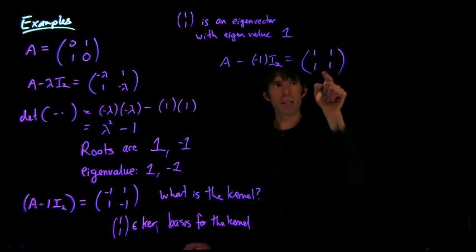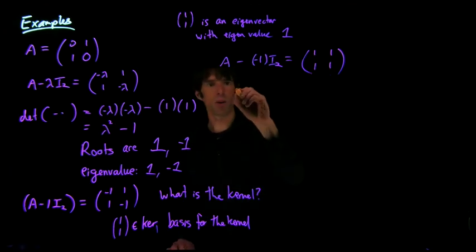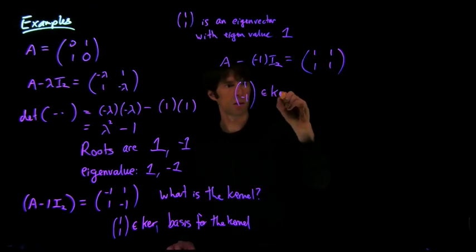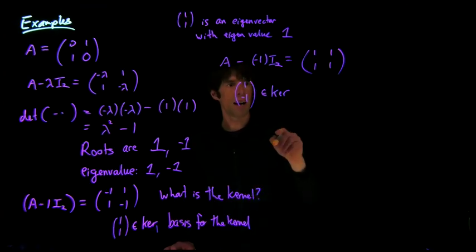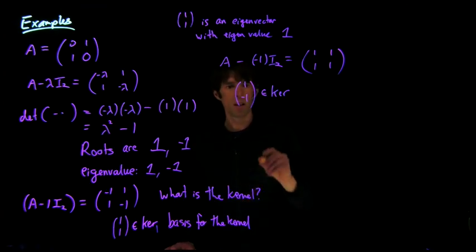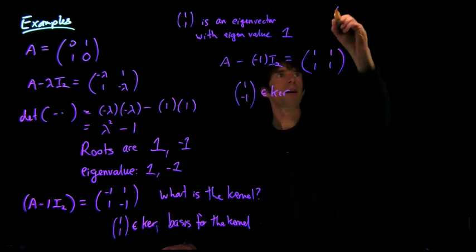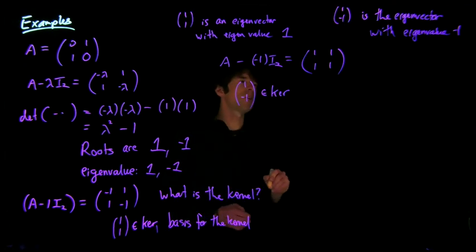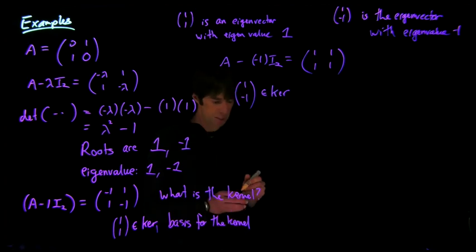So the first column minus the second column is 0. So 1, minus 1 is in the kernel. And this is a basis for the kernel. So we have that 1, minus 1 is the eigenvector with eigenvalue minus 1.